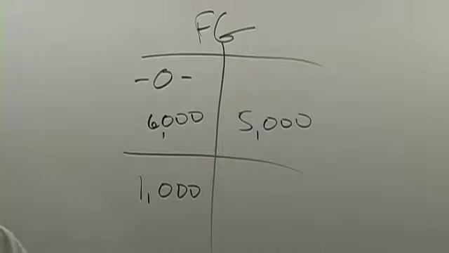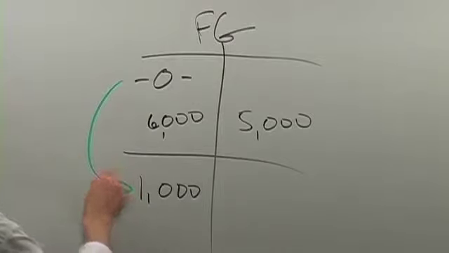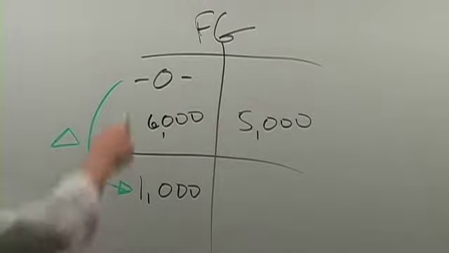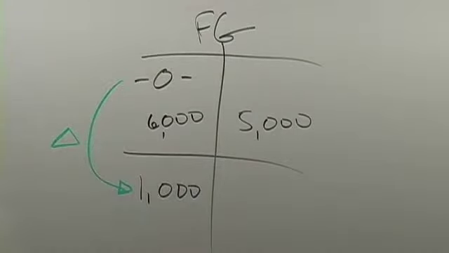Now, change in inventory is really asking you about this: ending inventory minus beginning inventory. What happened? Inventory increased by 1,000 units.